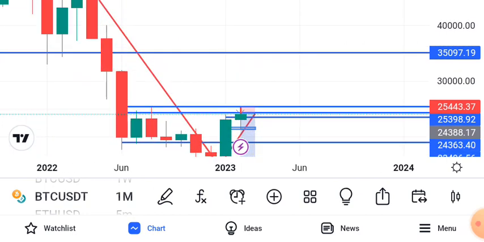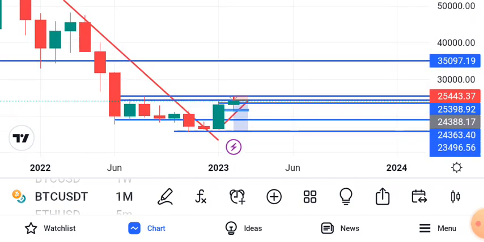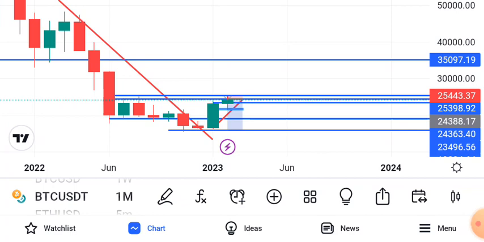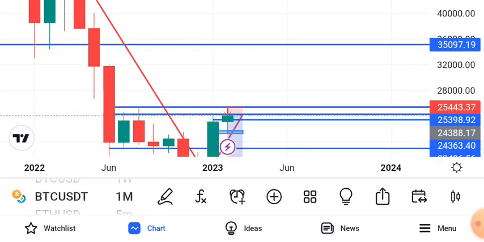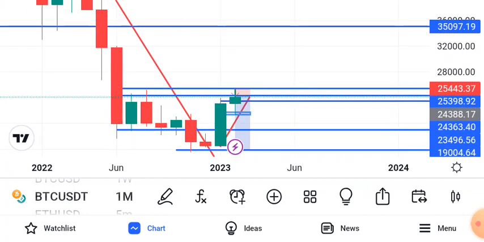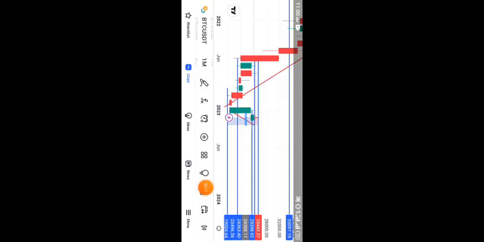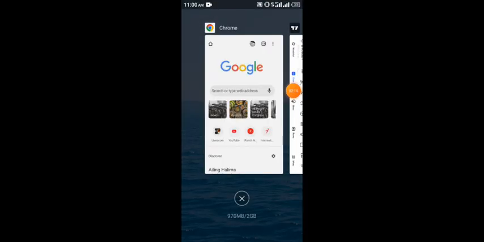So what am I seeing here on this candlestick? I'm seeing something like a depletion here. Sorry, guys.